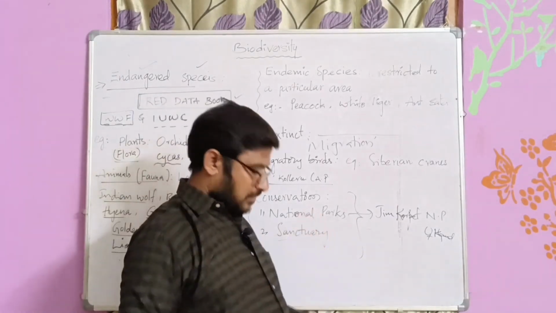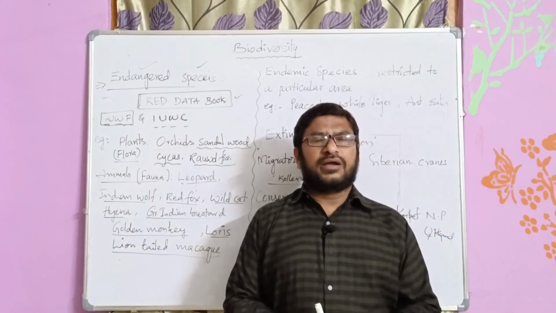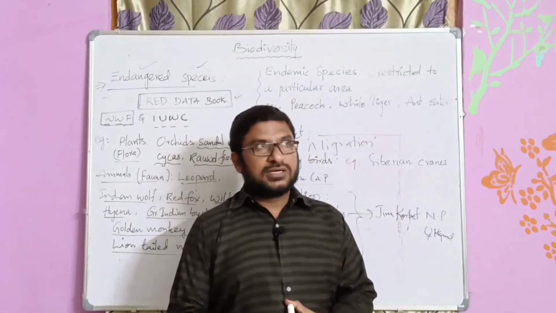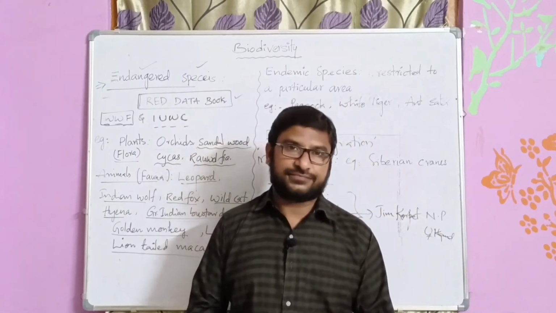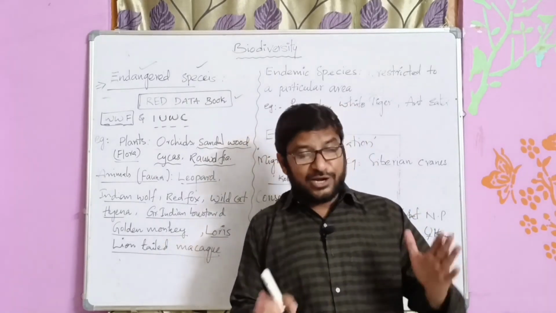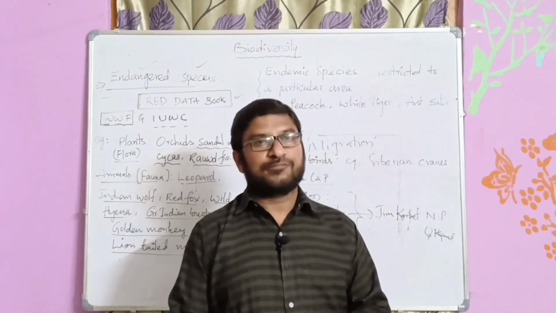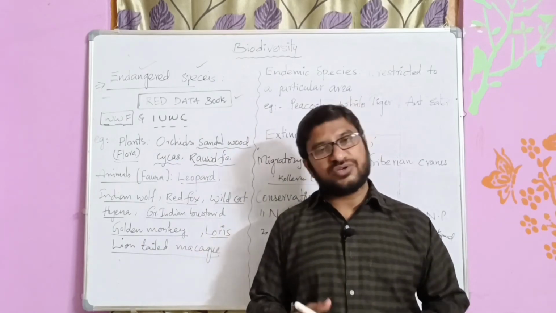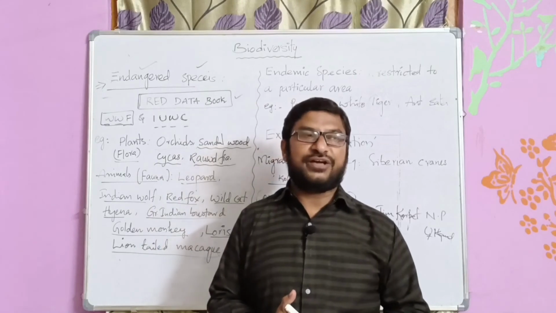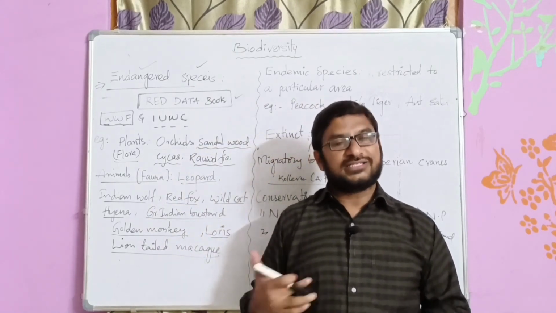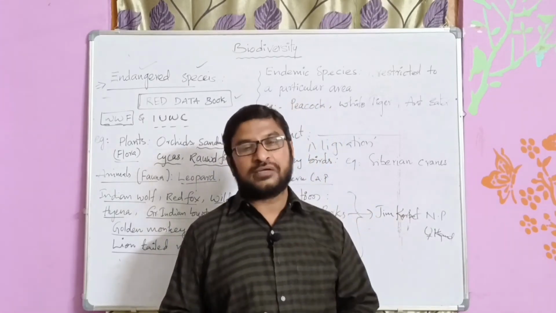Then sanctuary. Sanctuary means in this area some human activities are entertained. Grazing of cattle is also allowed in this area. So sanctuaries are also meant to conserve biodiversity, the endangered species and other organisms.